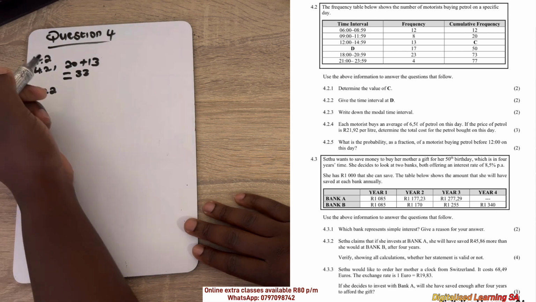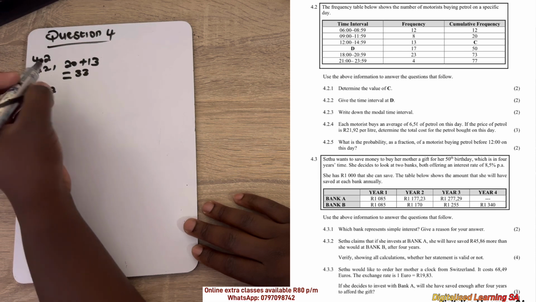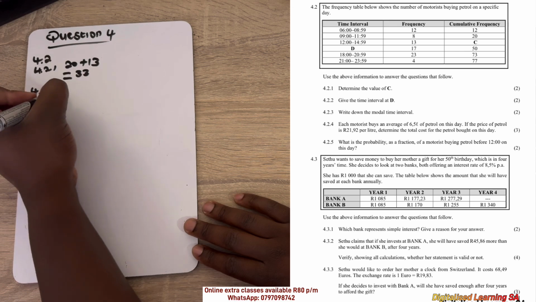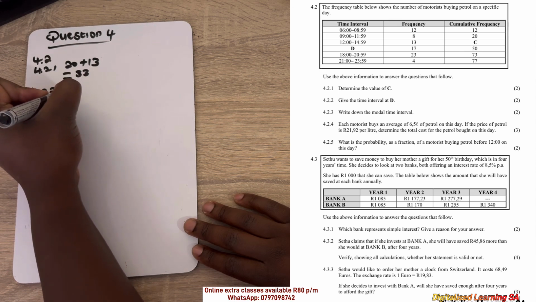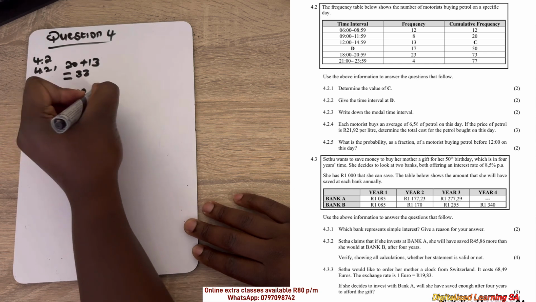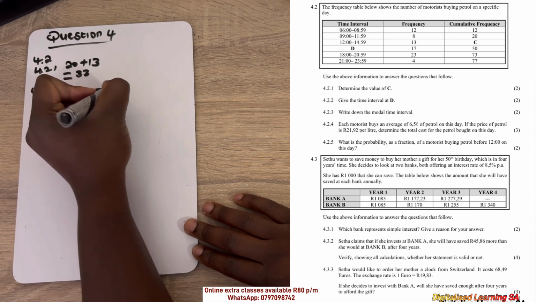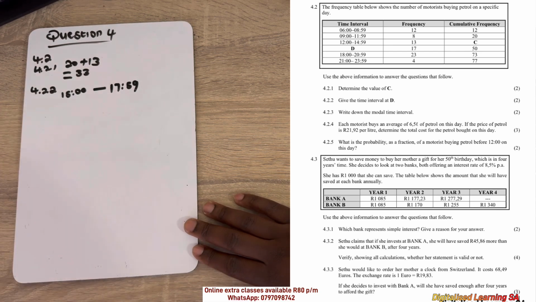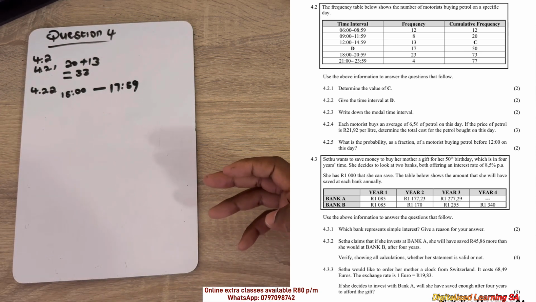We can see that before D, the time ended at 14:59, meaning that in the cell D, the time will start at 15:00, and then it will end at 17:59. So it is the time in between the two intervals.